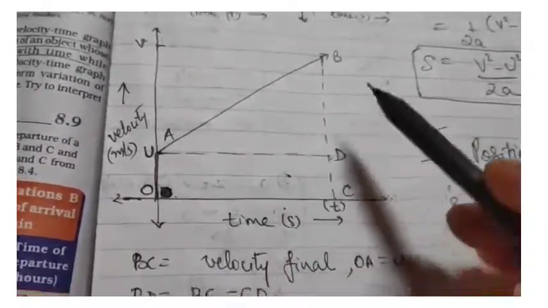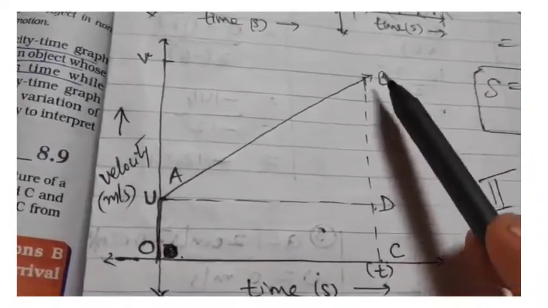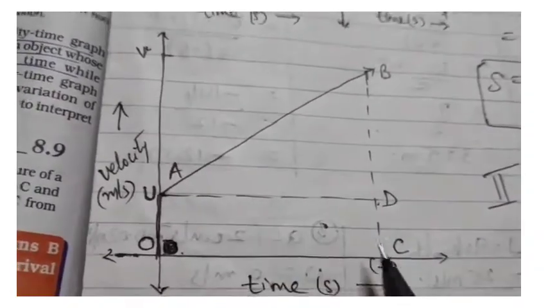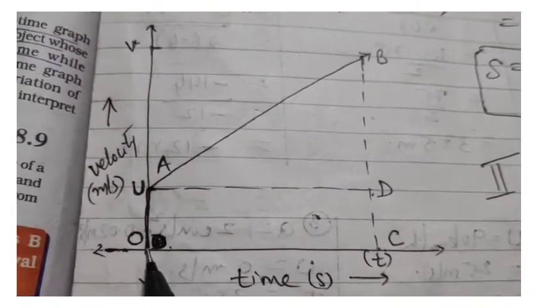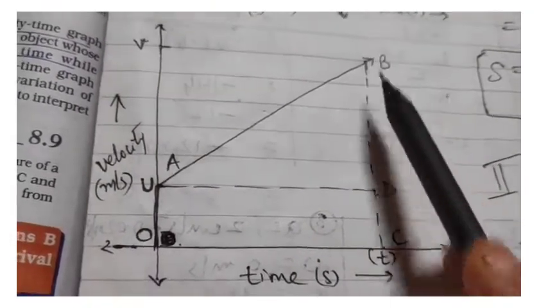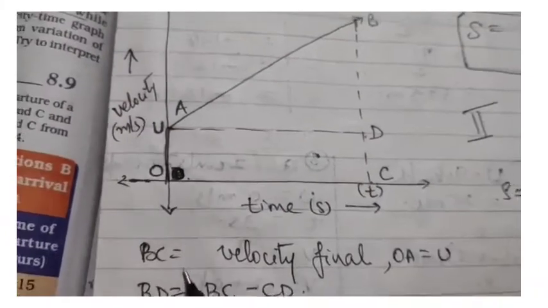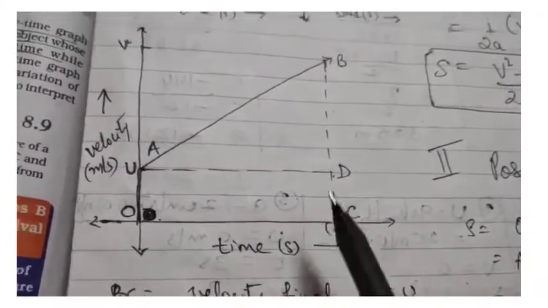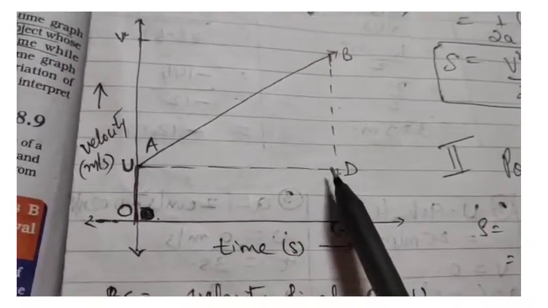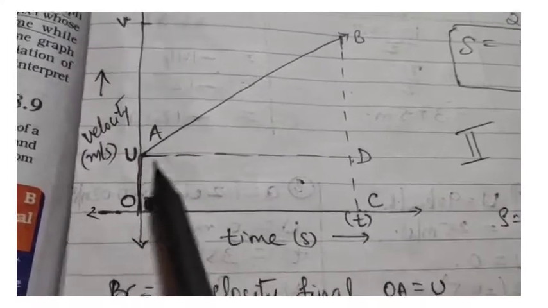Now in this particular graph, the complete BC: the number corresponding to B will be v, and the number corresponding to C is the starting point O, that is 0. So the BC distance will be v minus 0, that is v. So BC will be the final velocity v. CD, D corresponds to u.